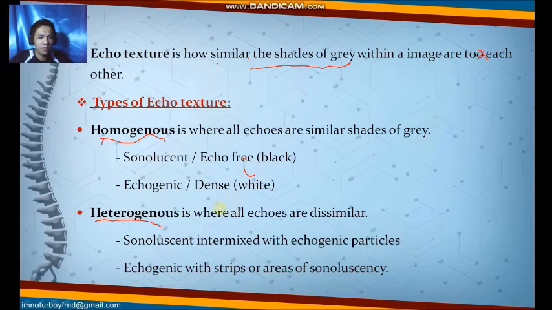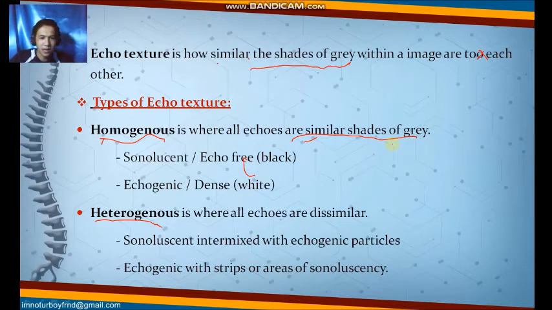So if we have an ultrasound image on our screen, for example, a homogeneous structure is where all echoes are of similar gray. So that means all of the structures in your organ are of the same color. They are of the same shade of gray.